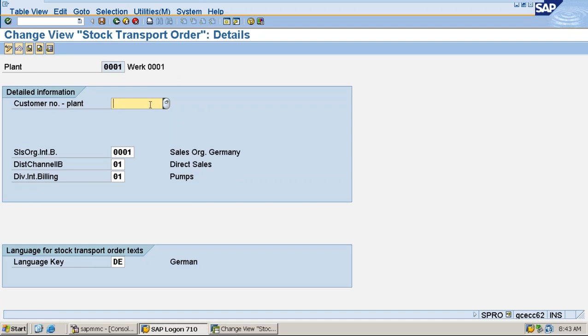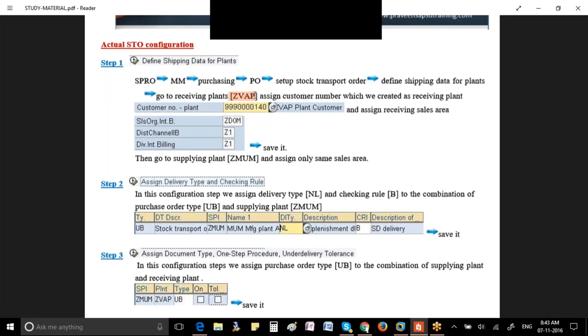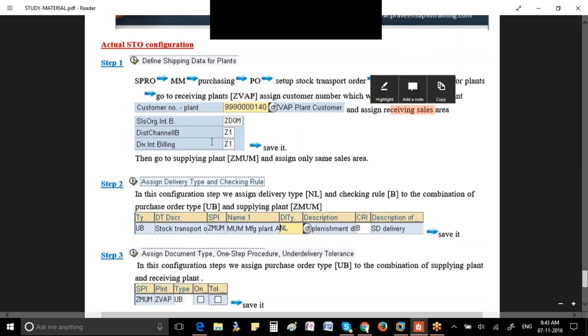Go to this menu path, and now you are first at the receiving plant. In the receiving plant, you will assign the customer number which we created for the receiving plant, and assign the receiving sales area here: the receiving sales area and the customer number.